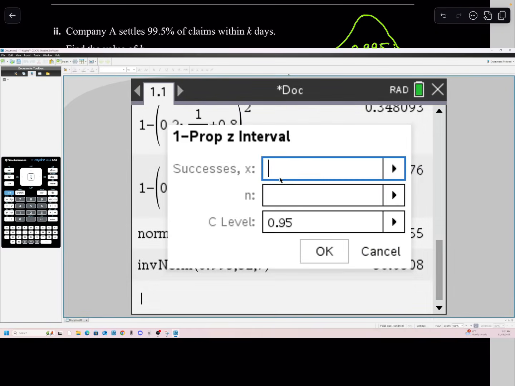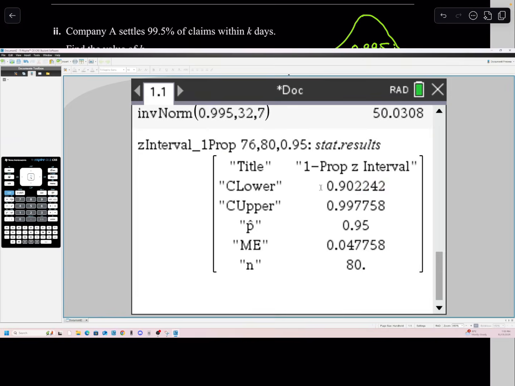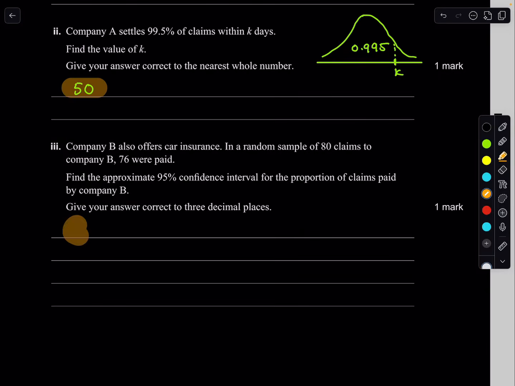The number of successes is 76 out of 80, and we want 95%. Press enter, and here are your C lower and C upper, to 3 decimal places, 0.902 and 0.998. Let's write that down. It's only 1 mark, so just write your answers. 0.902.